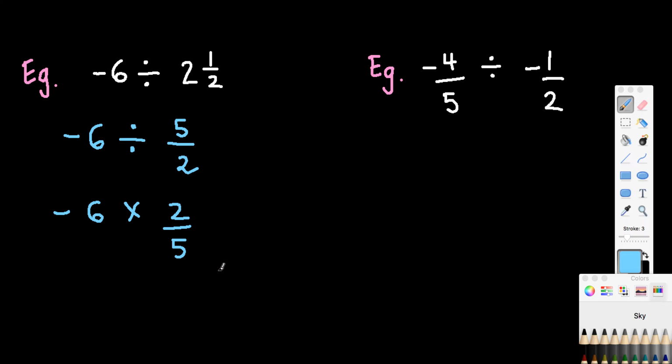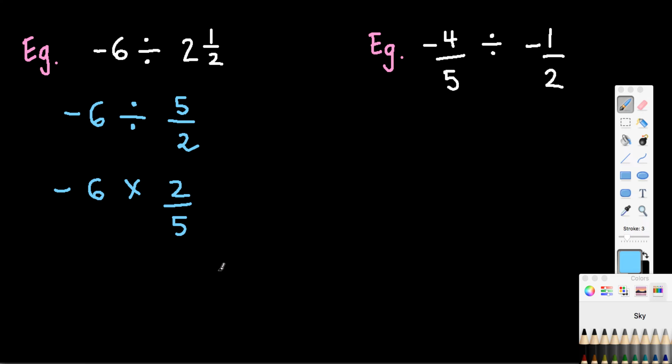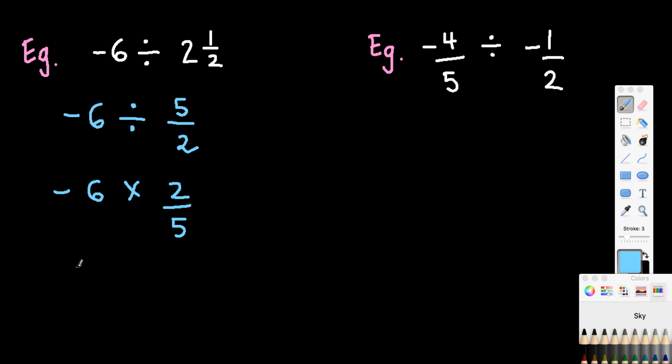I'm going to change it to multiplication and I'm going to flip the fraction. I've got a negative times a positive, so I'm going to get a negative. 6 2s are 12, so I'll write that as negative 12, and of course 1 times 5 is 5. And as a mixed number, we've got negative 5 goes into 12 twice with 2 remainder.